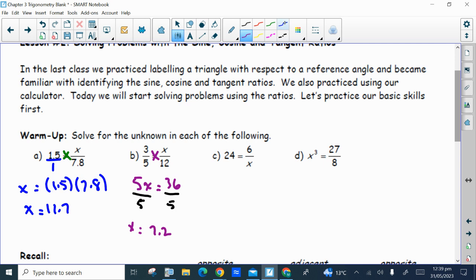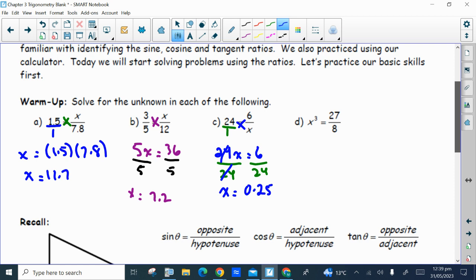that we did. Question C, I would put the 24 over 1 and then again cross multiply. So 24 times x will equal 1 times 6. And then to get x by itself, we would divide both sides by 24. And x would equal 6 over 24, which is 0.25.